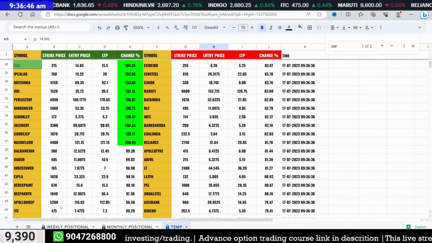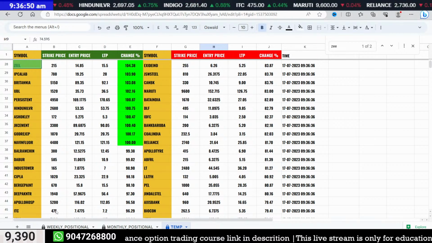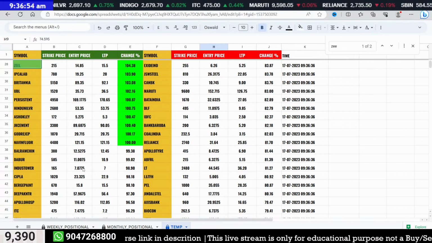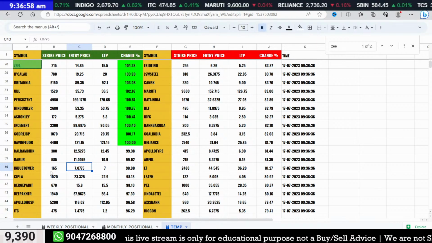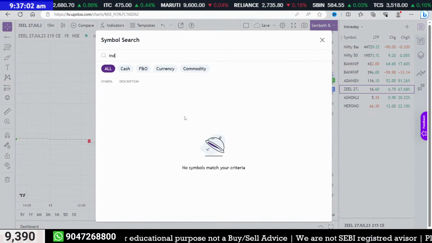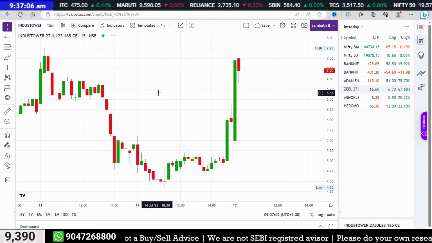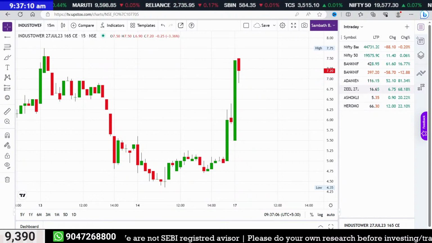Balram Chini, in this tower, I think someone was holding it. 165 call option here. 7.2, and in the first 15 minutes candle 7.45.